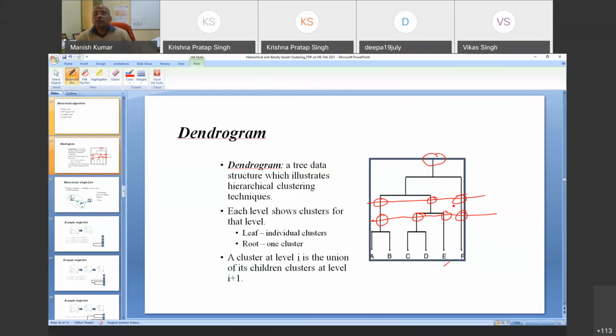Whereas if I draw a line here, then I can get 2 clusters. So depending upon how many clusters your requirement is, I can draw intersection lines and get that number of clusters out of it.